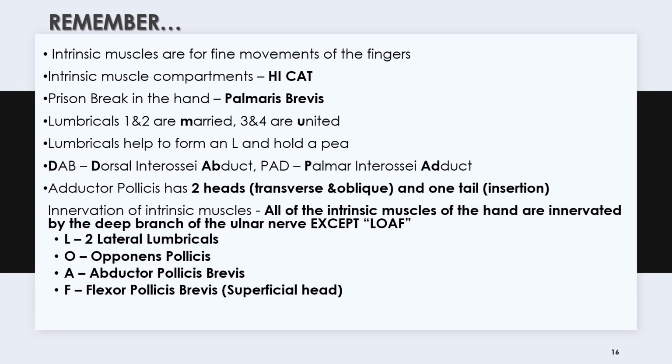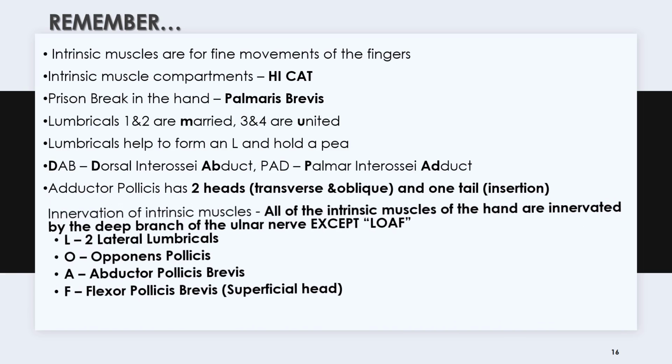You must not forget our DAB and our PAD: dorsal interosseous for abduction and palmar interosseous for adduction. Our adductor pollicis has what? 2 heads, that's the transverse and the oblique, and 1 tail, that is 1 insertion. And where is that? Yes, the base of the proximal phalanx of the thumb.